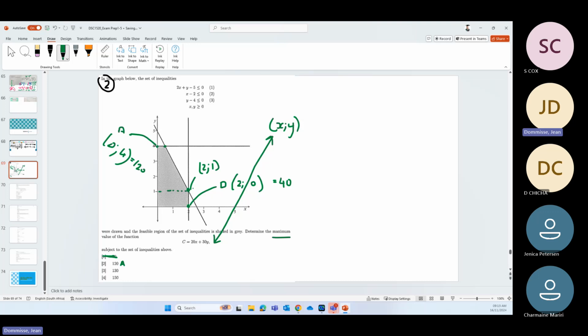So just by looking at it, if x is 2, it's 20, 40. If y is 1, it's 50, so it is 40 plus 50, which was actually 70. So that was point C.